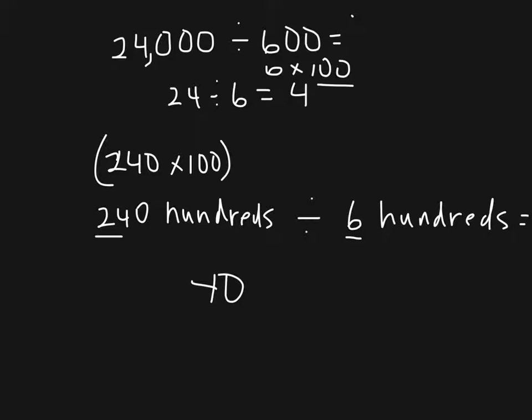Now, since I have the same unit here when I do my division, then I know that whatever my answer is the correct answer, because I've already kind of pulled out those hundreds. So I don't have to take 40 times 100, because I've already taken the 100 out earlier.